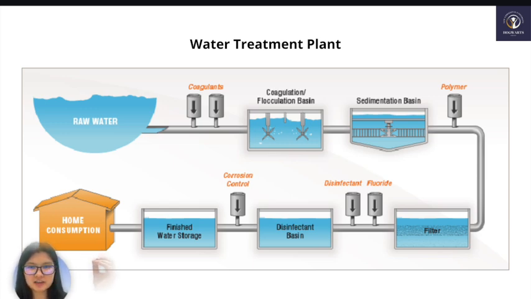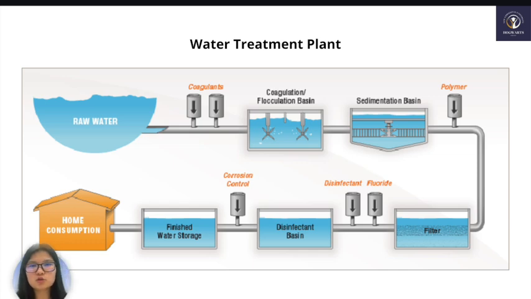Basically these coagulants are like chewing gums, you know. You add them to water and then they start to stick to those small particles, and once the coagulant sticks to the small particle, that small particle becomes a big particle. And the good side of a big particle is that it can settle to the ground with the help of gravity.